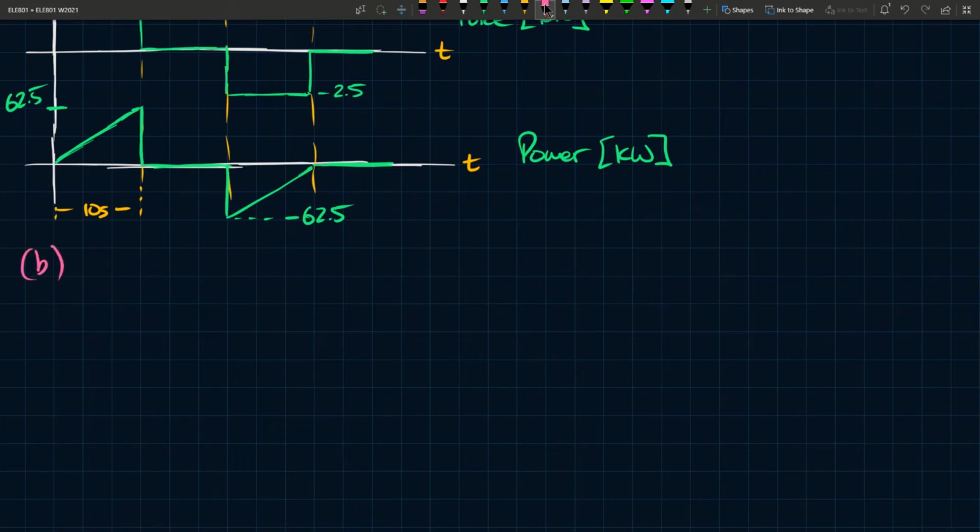So part B, we're going to revisit our torque speed or force speed, and the two are interchangeable really, because remember, the torque and the force are interchangeable simply based on the radius of the wheels. So you have a certain, let's say, power that increases like this.